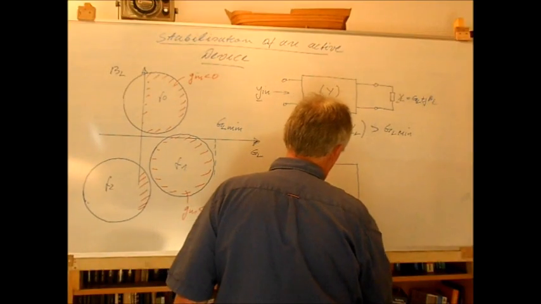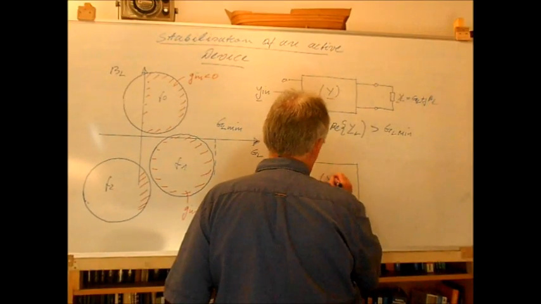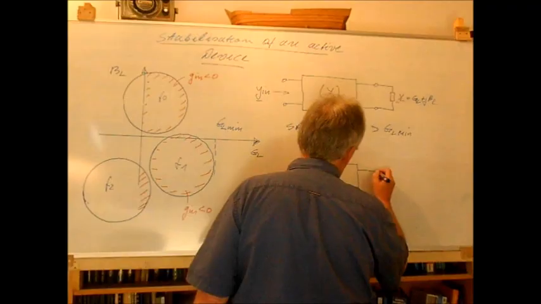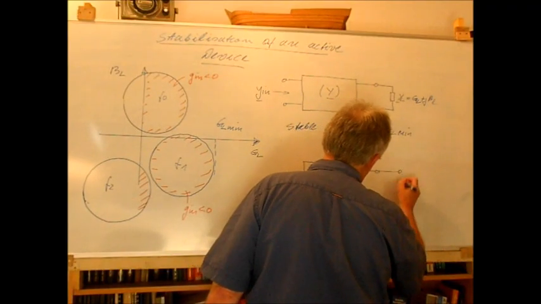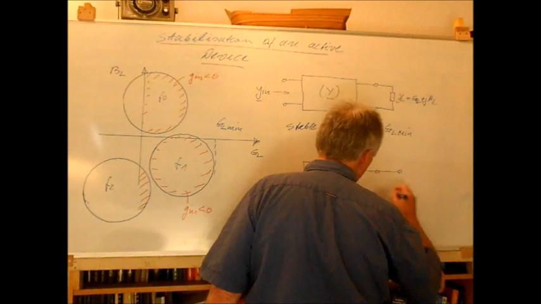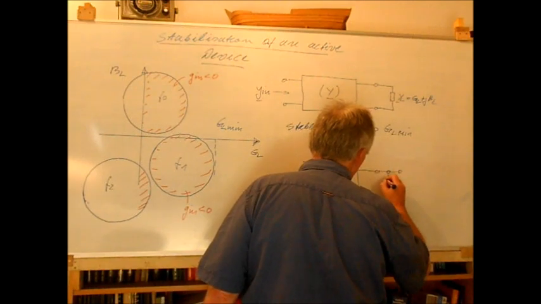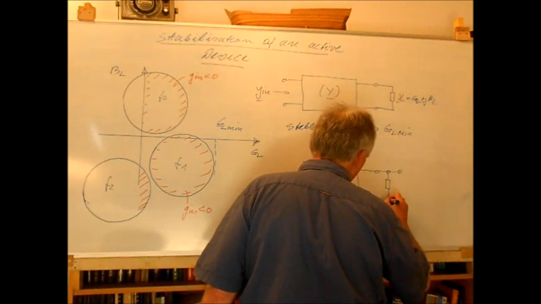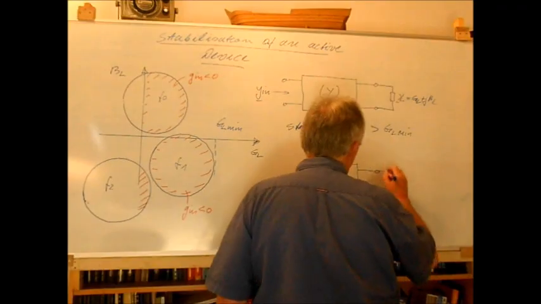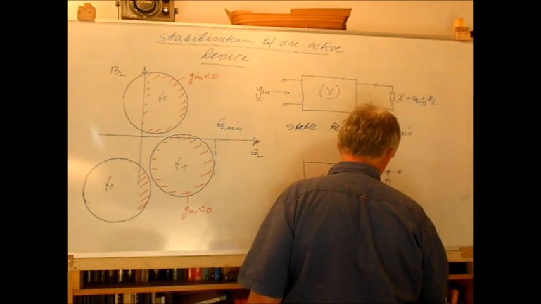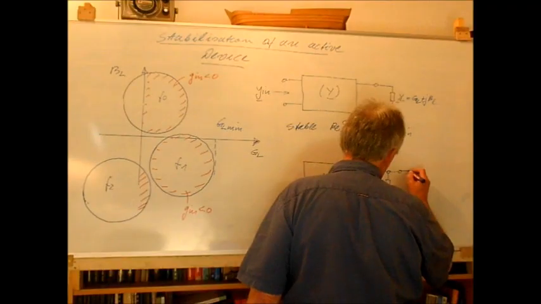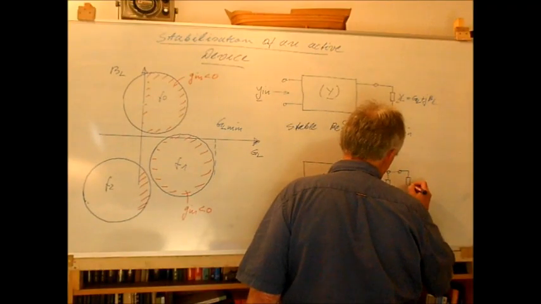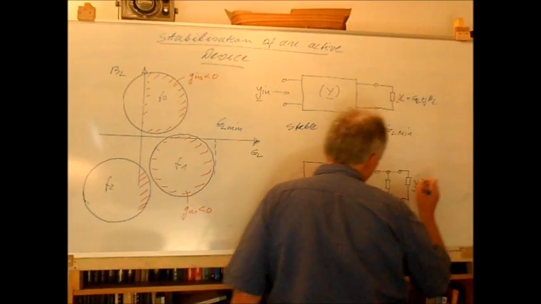And to assure this, we just have to do the following: we take our active device, and now we add to our active device our minimum load, GL min, and we add a second load admittance YL prime.